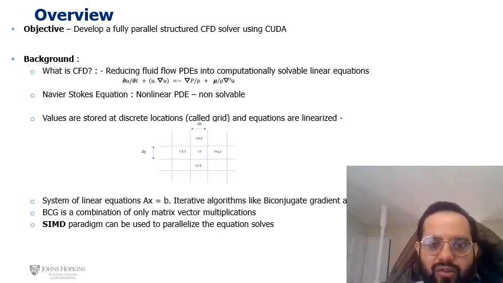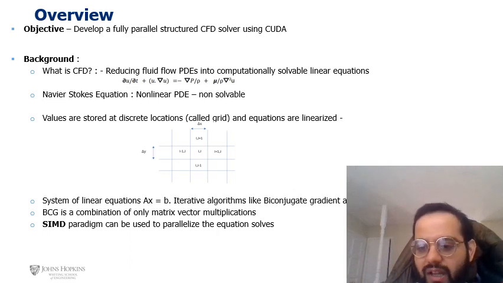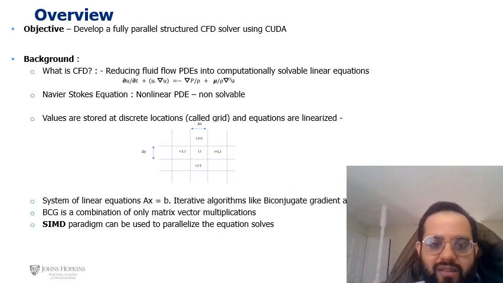So that is the reason why, to solve this equation, we need to make some computational approximations, and the way it is done is using linearization and discretization. So basically we know that the differential equations themselves cannot be solved. So what is done is, in the geometrical domain, we define discrete points at x and y locations. This is called a grid, which is drawn here.